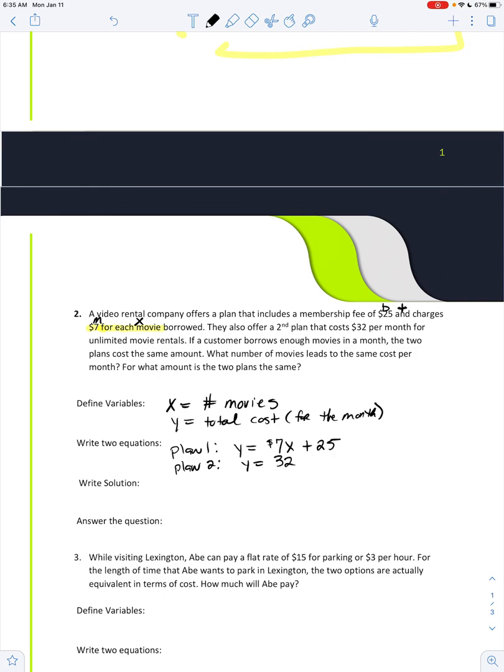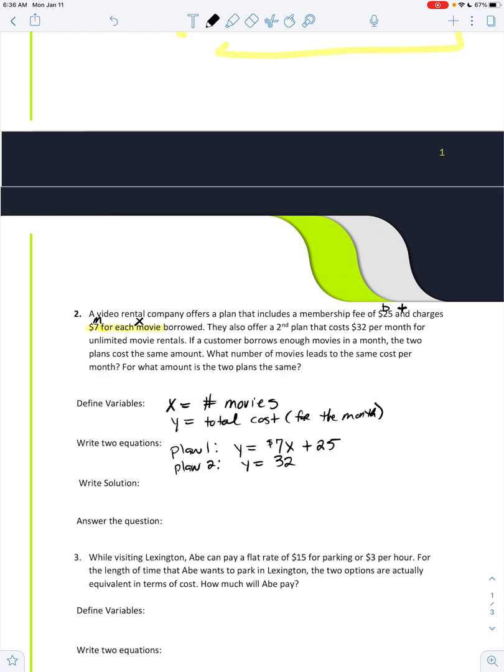That's that, right? So now we need to come up with a solution to these equations. And this is where we're going to go back to the calculator. Feel free to go to Desmos. And we have y equals 7x plus 25. And then we have y equals 32.